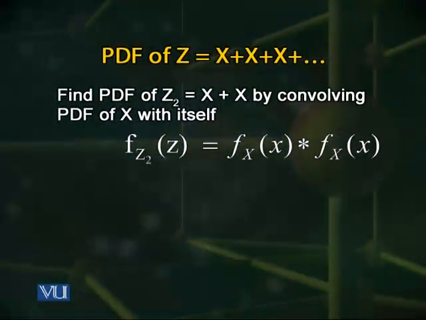If x and y have the same PDF, which is equal to PDF of x, then we can say that if there are two random variables, both independent and both having the same PDF fx, then you can find the PDF of transformed random variable z, which is the sum of the two random variables, by convolving the PDF of x with itself. And this convolution gives you a new PDF.